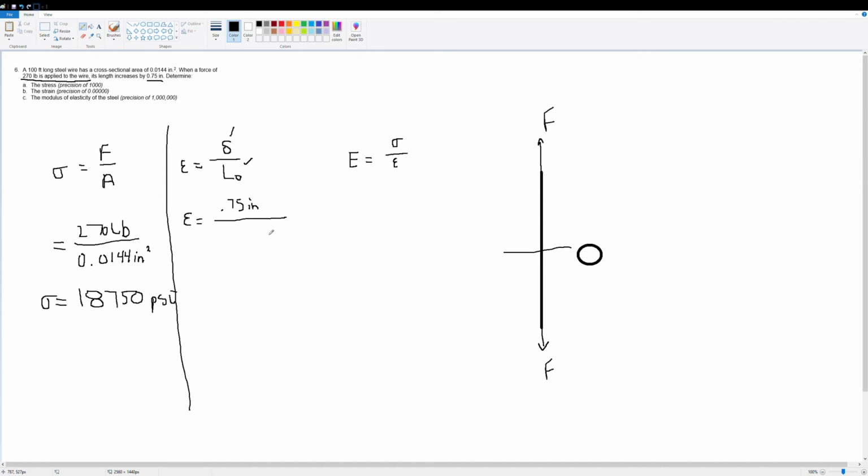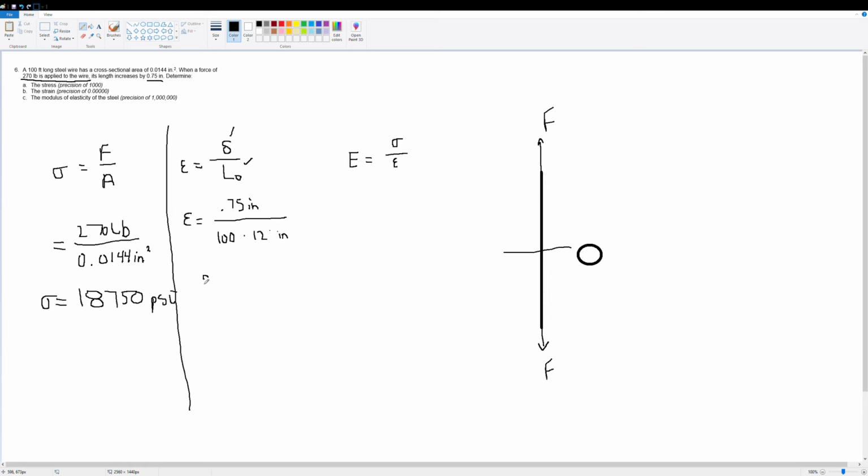I need to make sure that I have inches to inches or feet to feet. So 100 feet would be 100 times 12 inches.